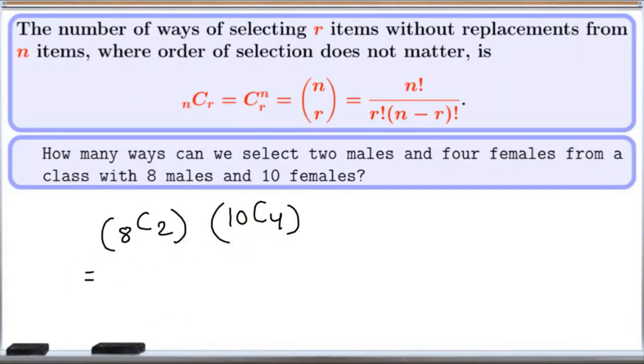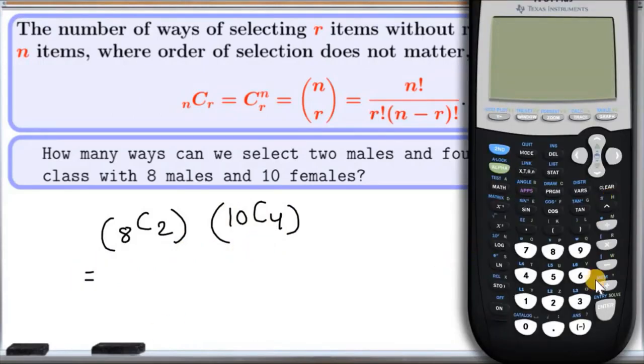So let's calculate this in our calculator. So here we need 8C2. So let's type in 8, then go to math, then go to PRB, then come down to 3, then hit enter, then type in 2. So that is 28. So 8C2 is 28.